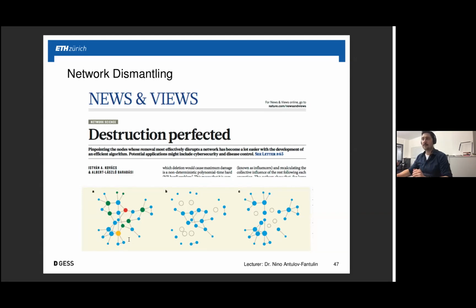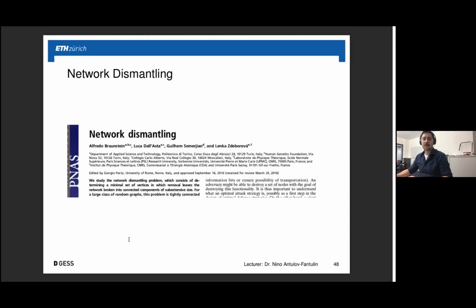Okay, there is a nice commentary paper from Barabási and Kosz that was published in Nature, explaining the problem, and that the problem is an NP-hard problem from the computational complexity point of view.